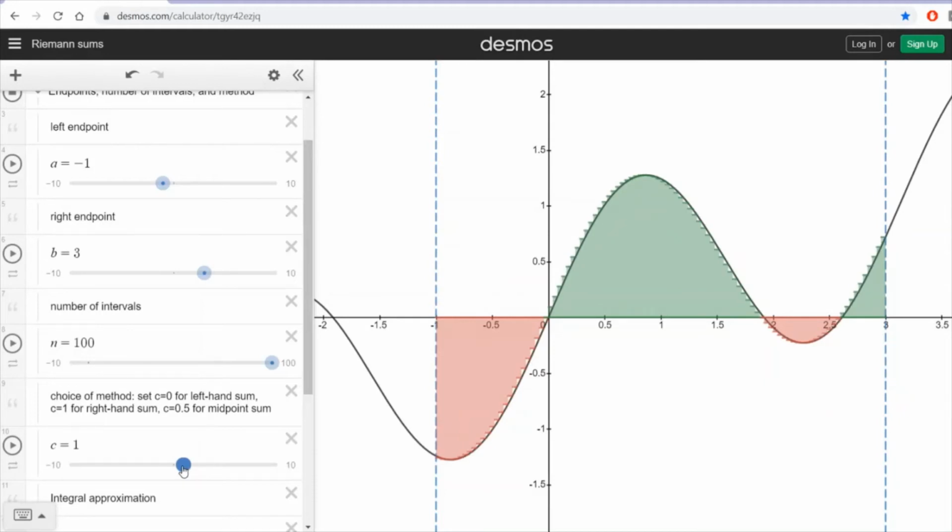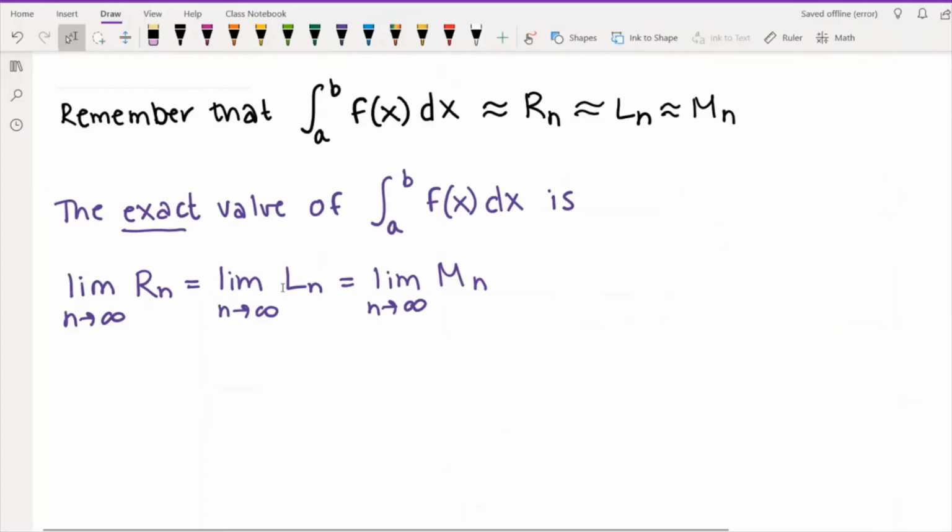You can see it shifting a little, but it's really not going to be that different. And then this would be left-hand sum. The difference is really not going to be much, it's shifting, but it's the same area, right? Whereas when we had fewer rectangles, there was a difference. And so that's why when you're taking the limit, it doesn't matter whether you're using right, left, or midpoint sums.